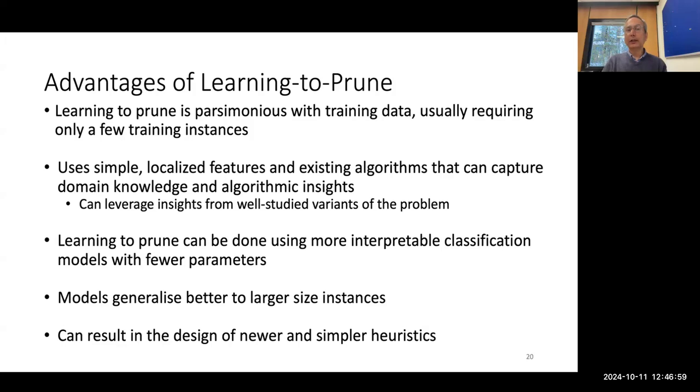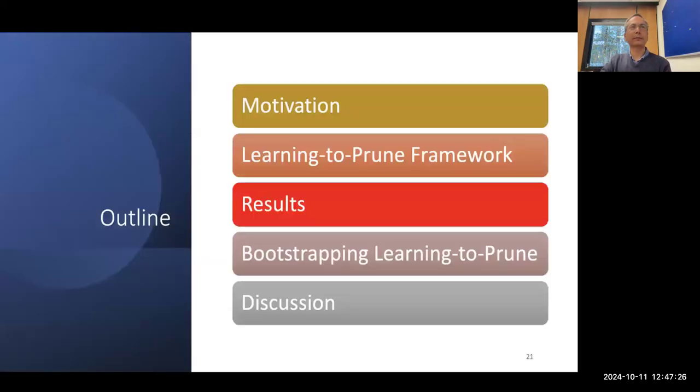Learning-to-Prune can be done using more interpretable classification models with fewer parameters, and therefore we can understand exactly which features have been used to what degree in the learned heuristic. Models generalize better to larger size instances, and this is something that I'm going to show you very soon. And they also result in the design of newer and simpler heuristics.